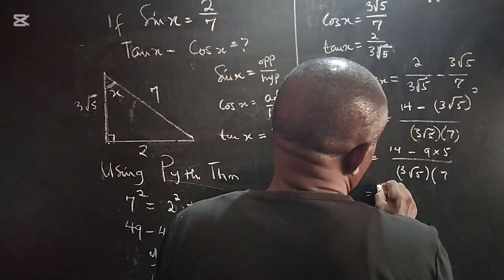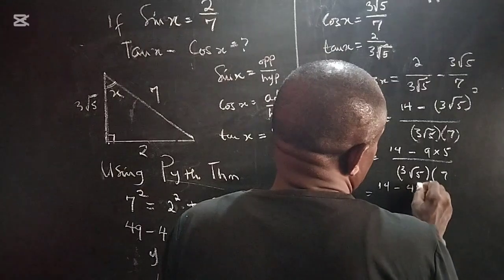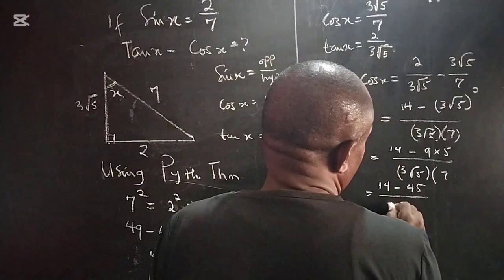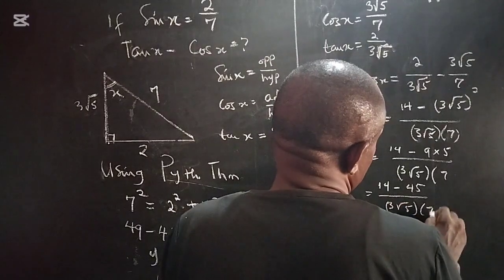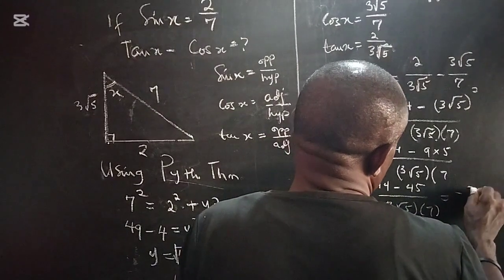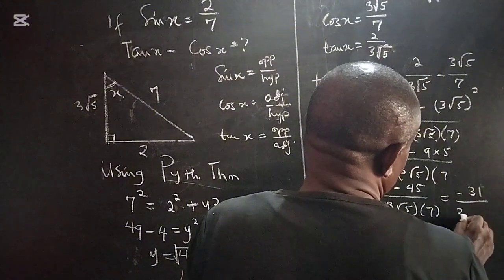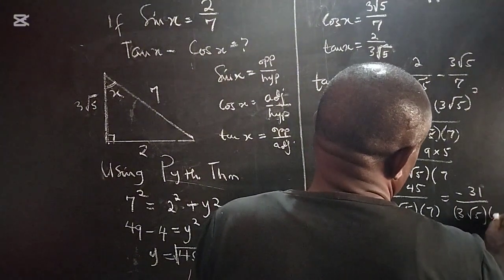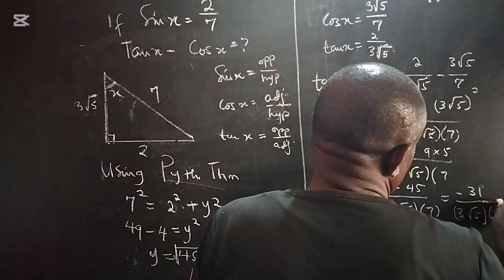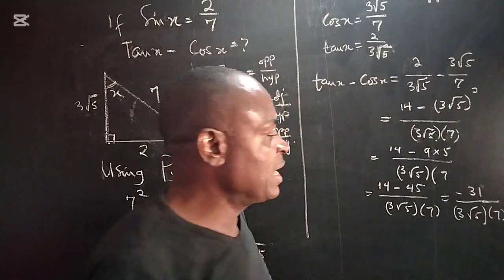So if we do it, we have 14 minus 45 divided by 3 square root of 5 times 7, which is the same thing as minus 31 divided by 3 square root of 5 times 7. Now, we should go ahead and rationalize.